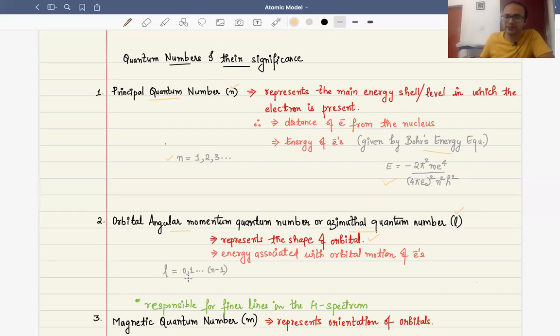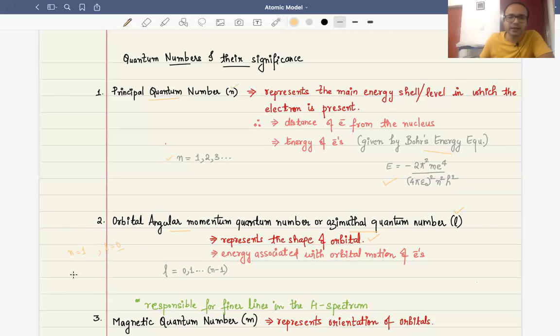Usually, L can have values from 0, 1 to n minus 1. Okay, suppose when I tell n is equal to 1, then the only value that L can have is 0, because n minus 1 in this case is 0. So when we start numbering from 0, only one value is possible.